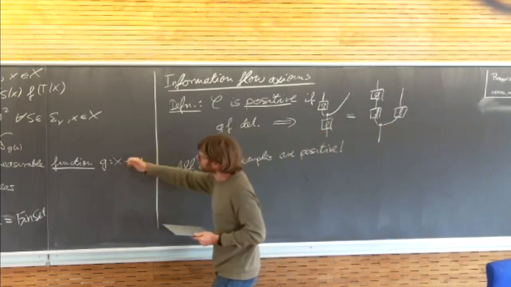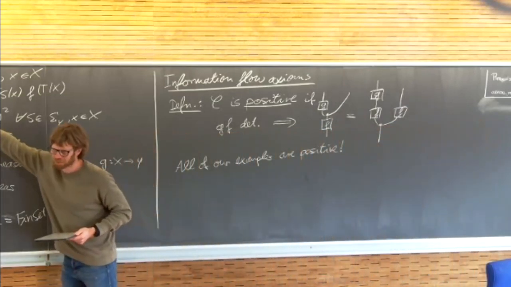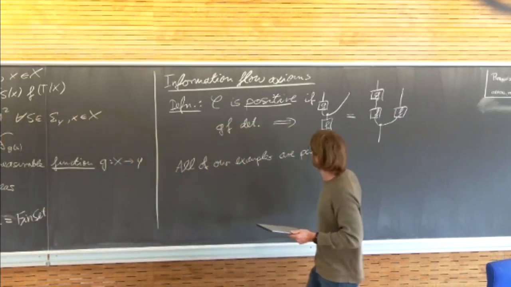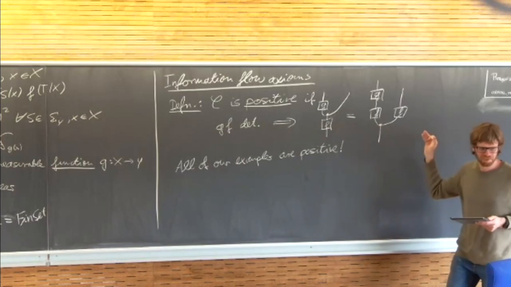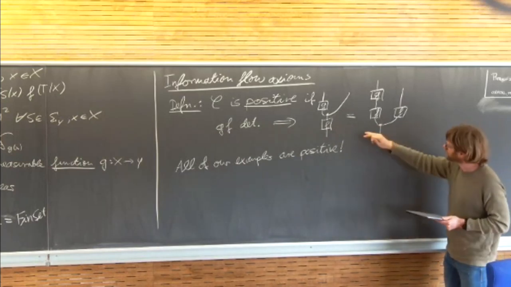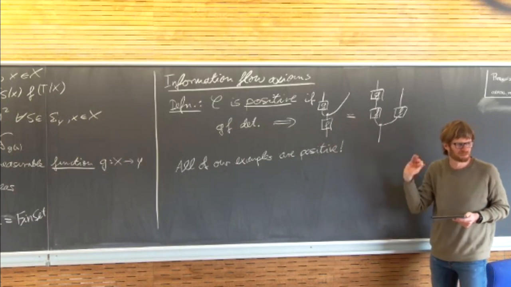To prove this with Stoch, for example, you can use this kind of procedure. It's not completely obvious to prove, but it's also not hard. You just need to use the non-negativity of probabilities.